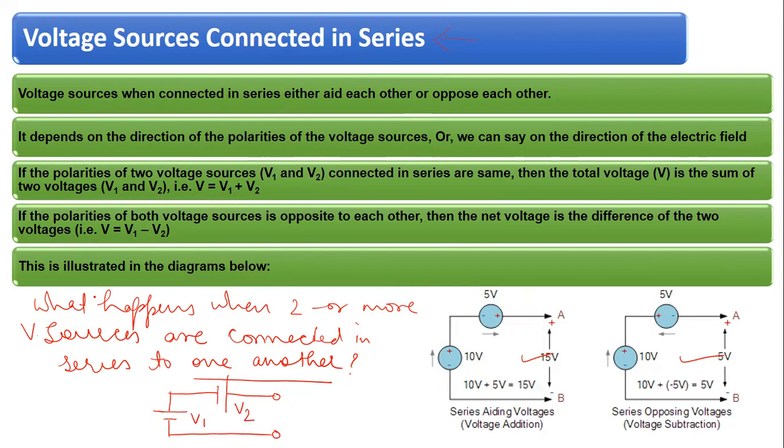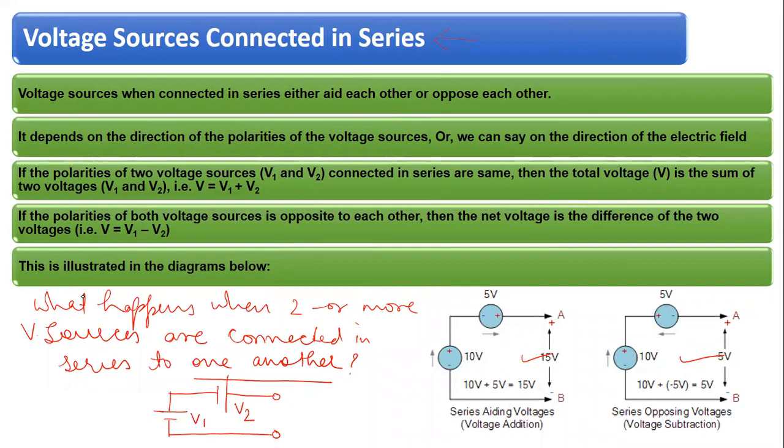Now you can ask one question, why are these voltage sources connected in series? Because we all know that when voltage sources are connected in parallel to one another, across the two terminals, the voltage shall remain same, right?